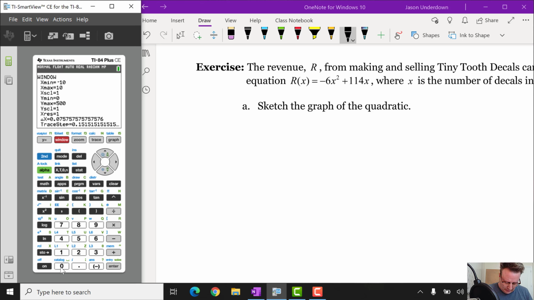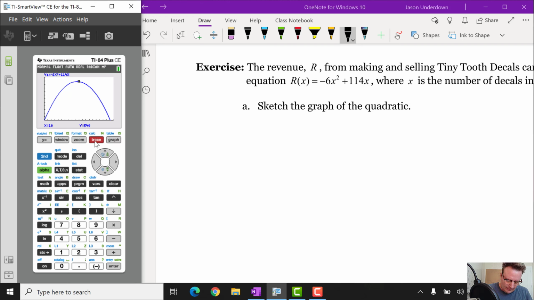So let's change the x to 0 to say 20. And we'll go up to 600 on the y, and maybe do a y scale of say 50. All right, there, that looks good.